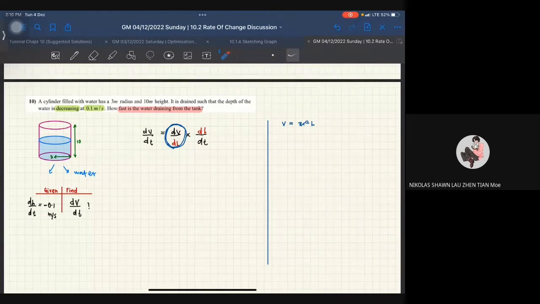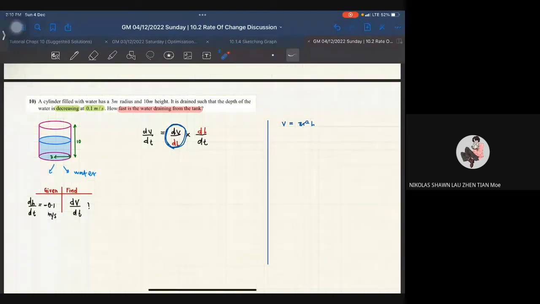So, kenapa dekat sini we can substitute R equals to 3 but there are cases that we cannot substitute a value. Okay, sebab R dekat sini, it is always a constant value. Okay, R awak dekat sini, dia akan sentiasa 3. Dia tak akan pernah lebih ataupun kurang daripada 3. Tak kisahlah volume awak tu berkurang ataupun bertambah. Okay, so that's why kita boleh terus substitute when R is equals to 3.